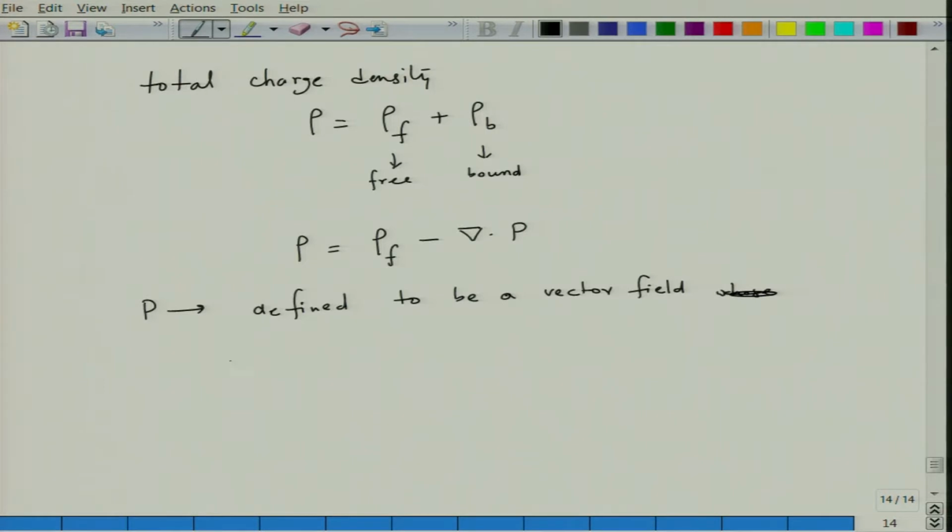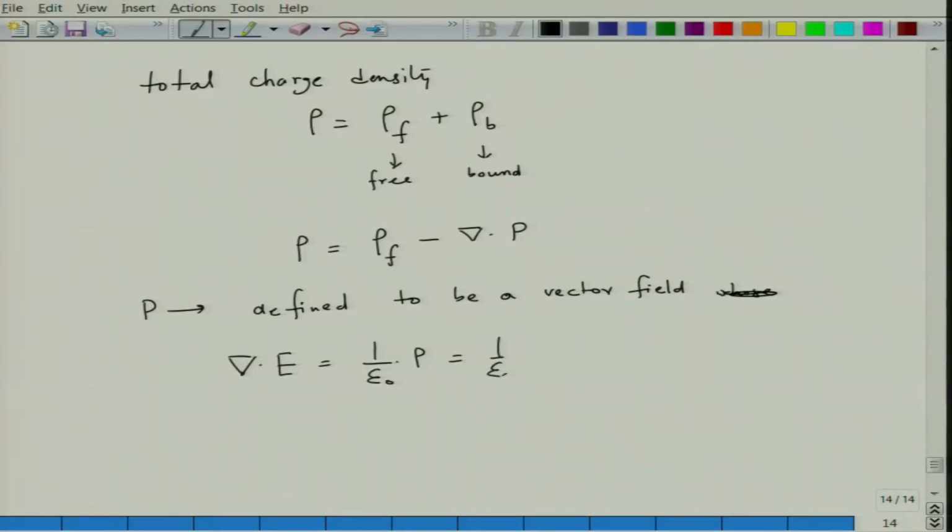If you take now del dot E, del dot E is equal to 1 over epsilon naught into rho. Where does this come from? The divergence of the electric field should be equal to the charge density, basically. This is from Gauss's law, or you can say Poisson's law as well.